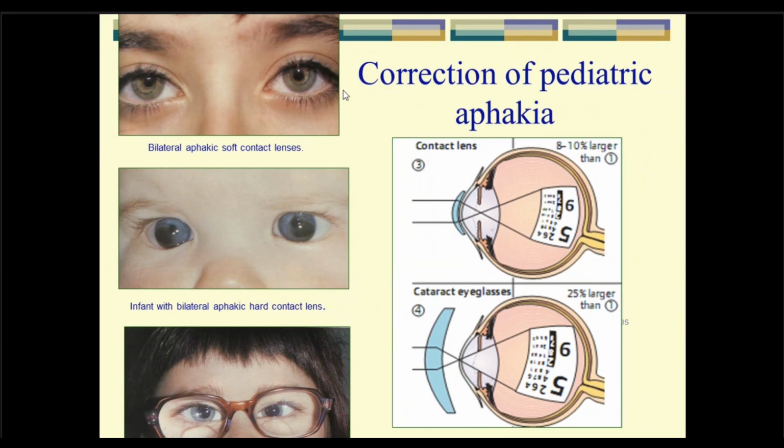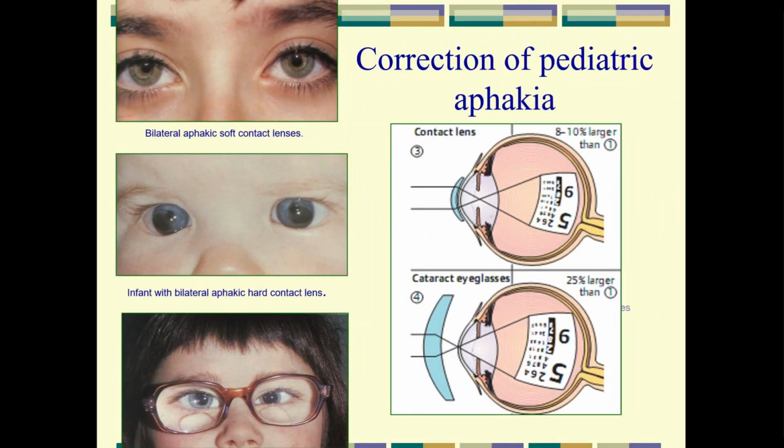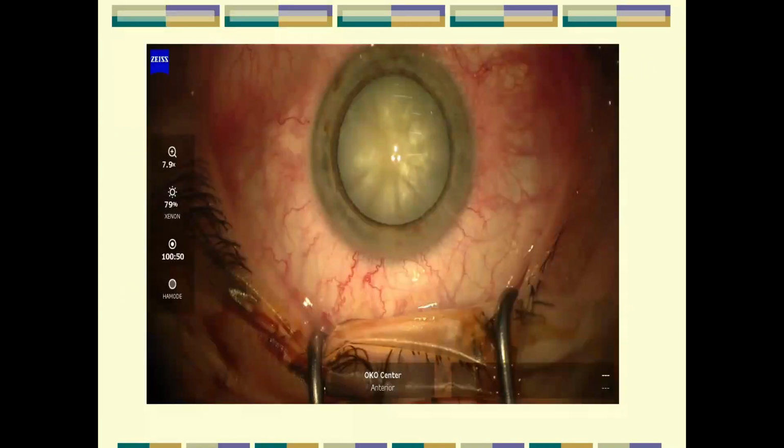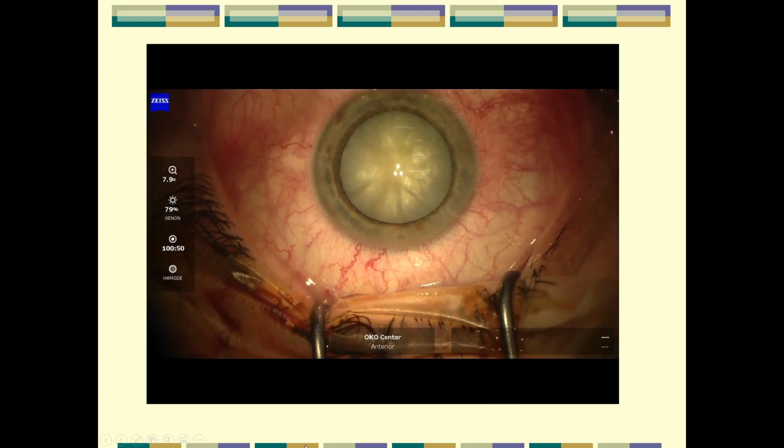It's important because if we don't put an intraocular lens inside, the patient will have to wear very big glasses, near plus 13, and you can imagine how inconvenient it is.